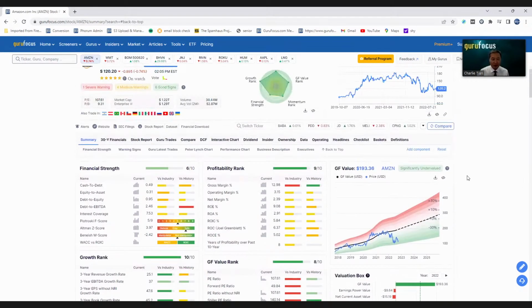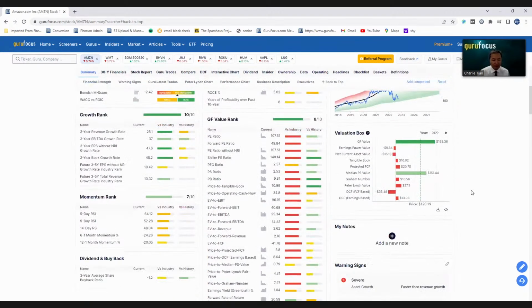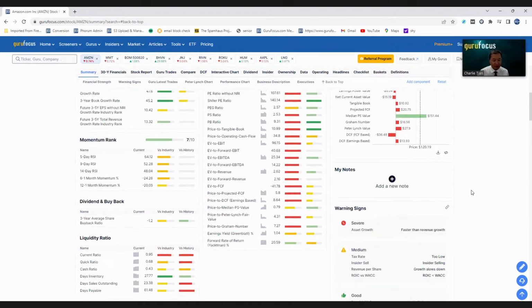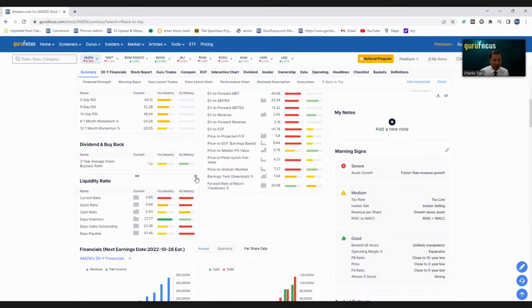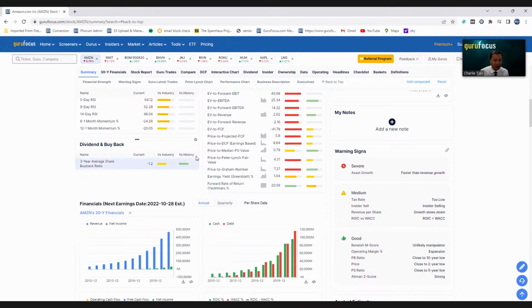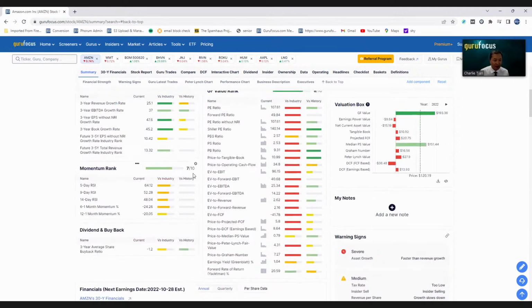And this page, you probably don't know that this page can be customized. I talked about this last time, but this page can be customized, and it can be really useful. For instance, I can easily remove this one. I don't want it. Dividend buyback, momentum rank.